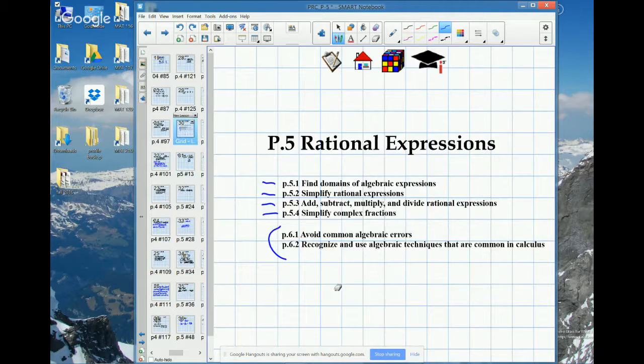So, the word domain. You remember that from algebra class? Domain is asking what values x can take on in this algebra problem.